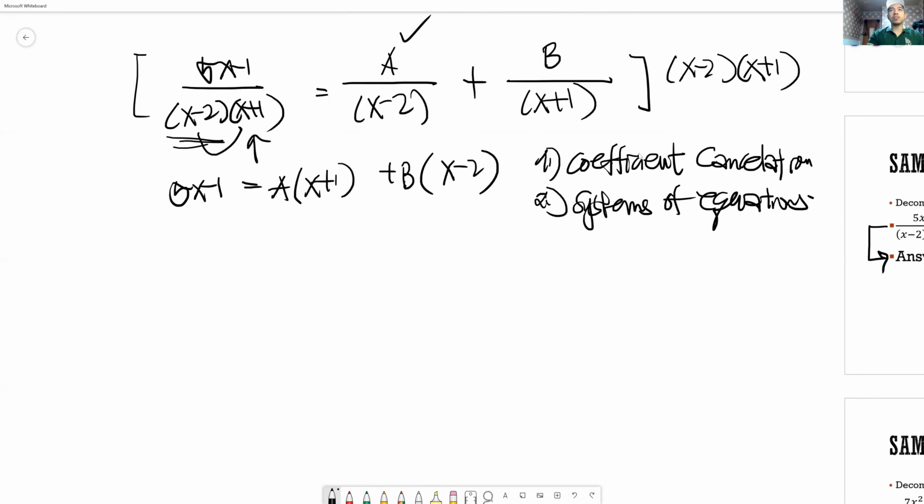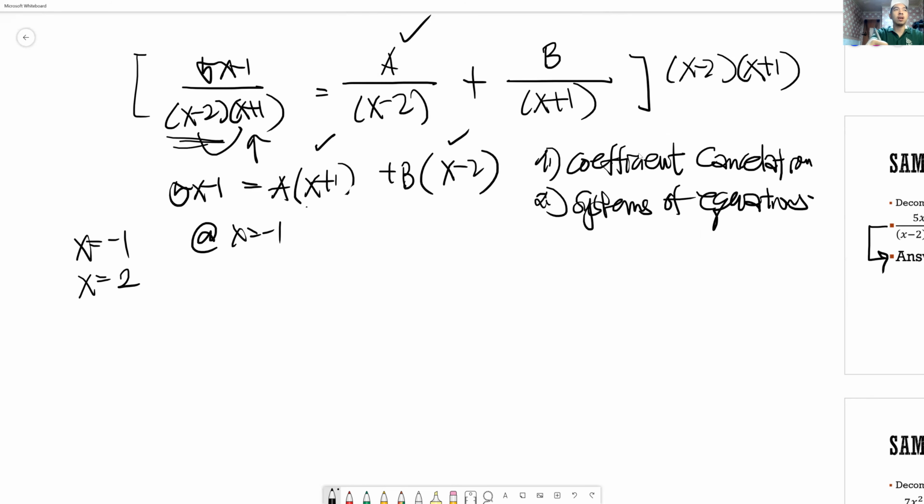So for coefficient cancellation, that means one constant will be canceled out by making this parenthesis equal to 0. So how can we make that a 0? So there are two possible values for x that could lead to the cancellation of each. So x can be equal to -1 for this one, and x can be equal to 2 for this one to become 0. So let's first test at x equal to -1.